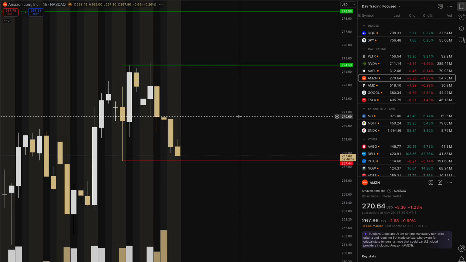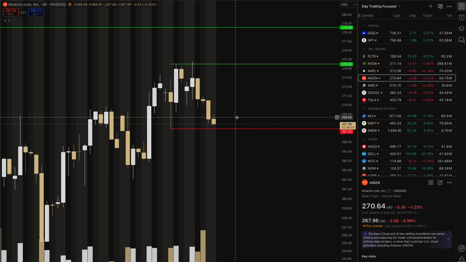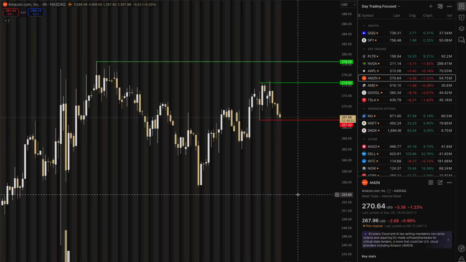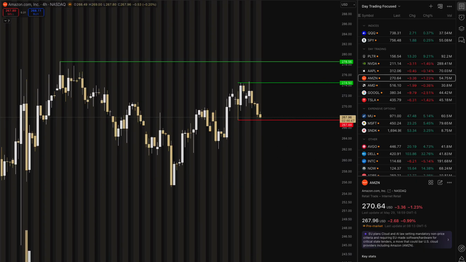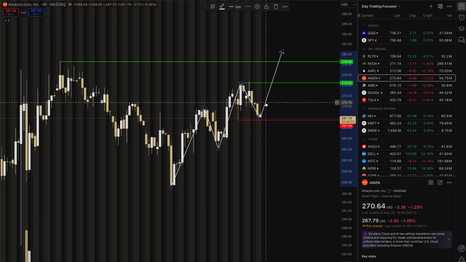In pre-market, what we are looking at: here you can see we made this swing low, now we made this swing high, another swing low, now this is another swing high. Right now this can be our another swing low. Maybe price can come down here and then move back again. So this is the one scenario.